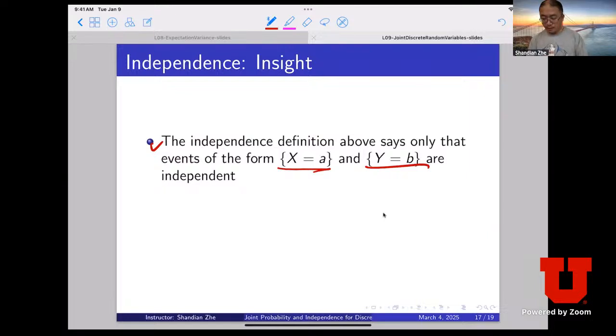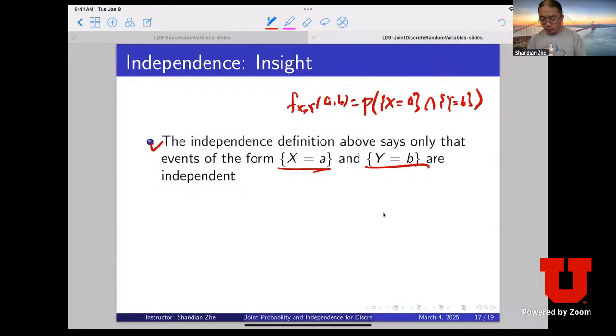Why? Because the joint density function value is actually the joint probability of two events. One event is X equals A, the other event is Y equals B, right?